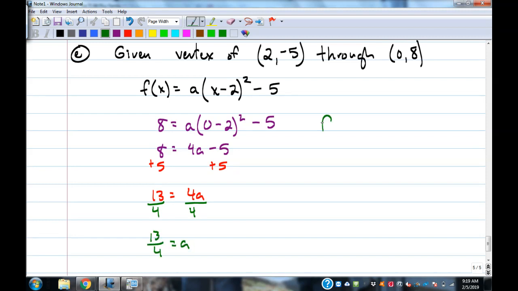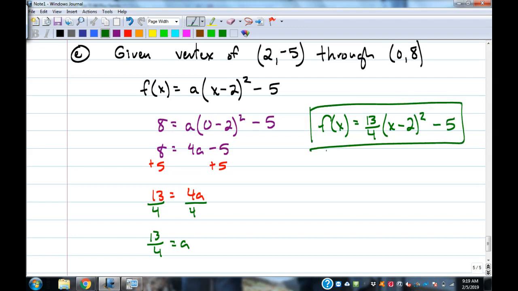So our function in vertex form looks like that. If I wanted it in standard form, multiply it out. Square the x minus 2, then distribute the 13/4, and simplify. Okay? Those are the things that we need to be able to do.